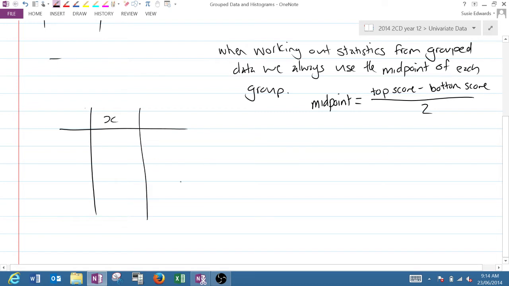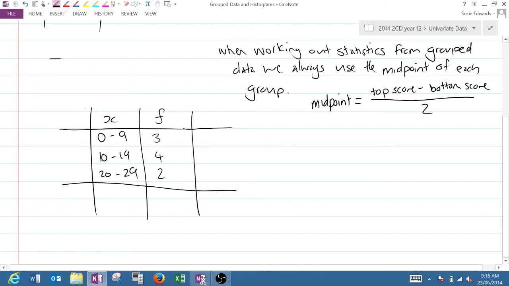So if I say score is, let's go 0 to 9, 10 to 19, I won't make you go too far, 29, okay? 3, 4, 2. How would we find the mean, the mode, and the median? Sometimes, just so you know, mode will be called modal group.